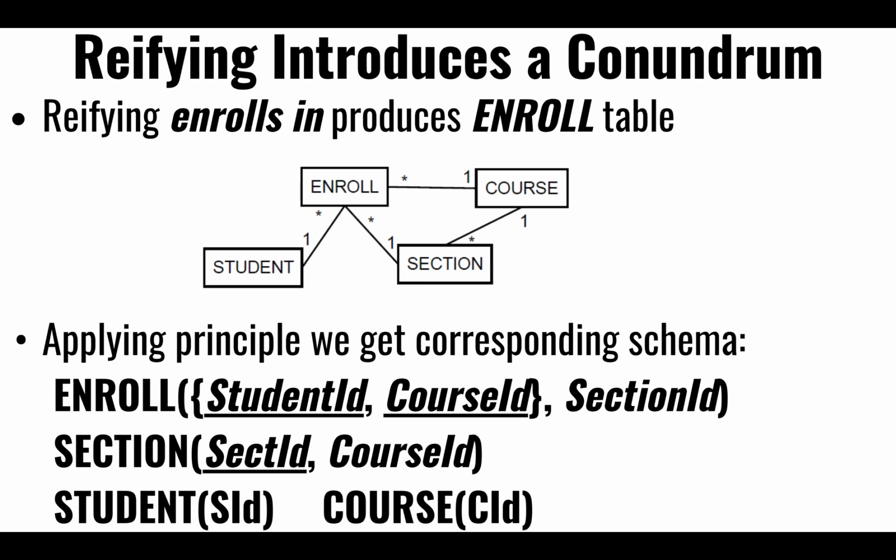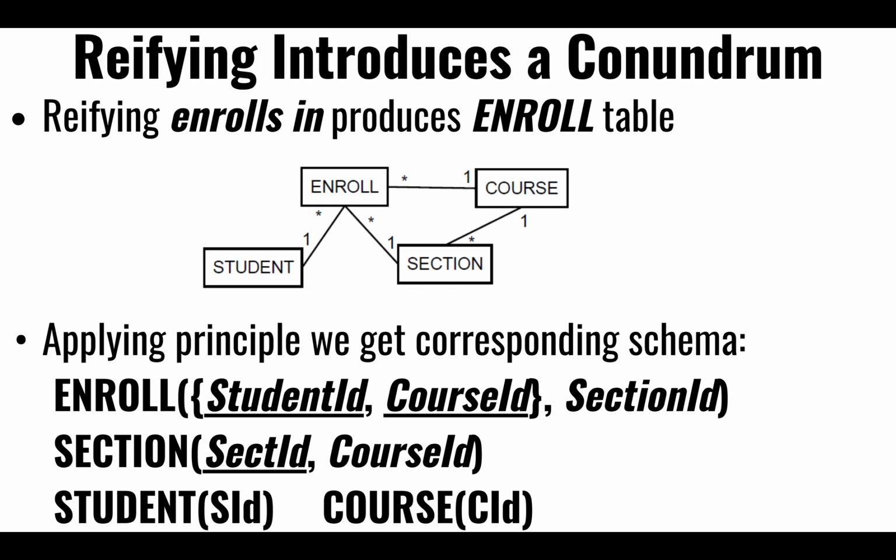The resulting schema might be that the enrollment has, as a primary key, the foreign key that goes out to the course and the student. This is enforcing the constraint. The same student cannot be enrolled in the same course more than once, because this would violate this primary key. Make sense? So this primary key enforces the constraint. Plus the section ID that was brought into reification.